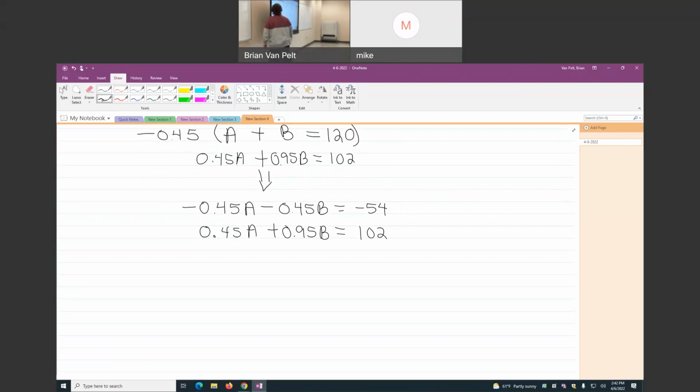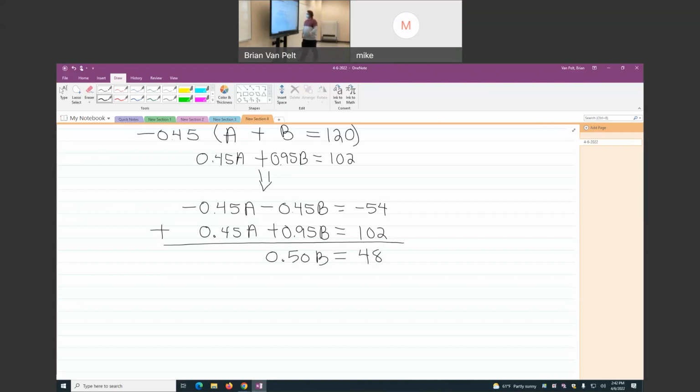Now I'm going to add these two things together to wipe out the A's. Okay, from 0.50B equals what? 48. I'm ready to finish off.